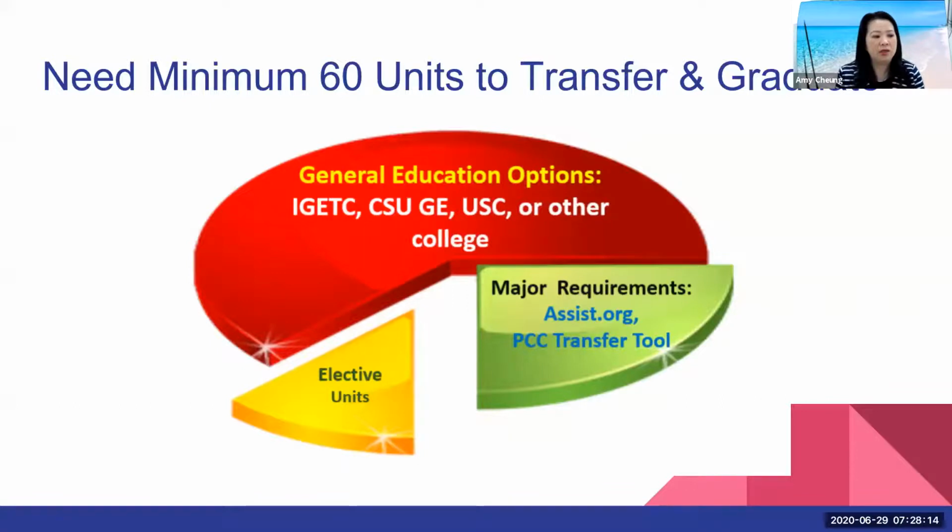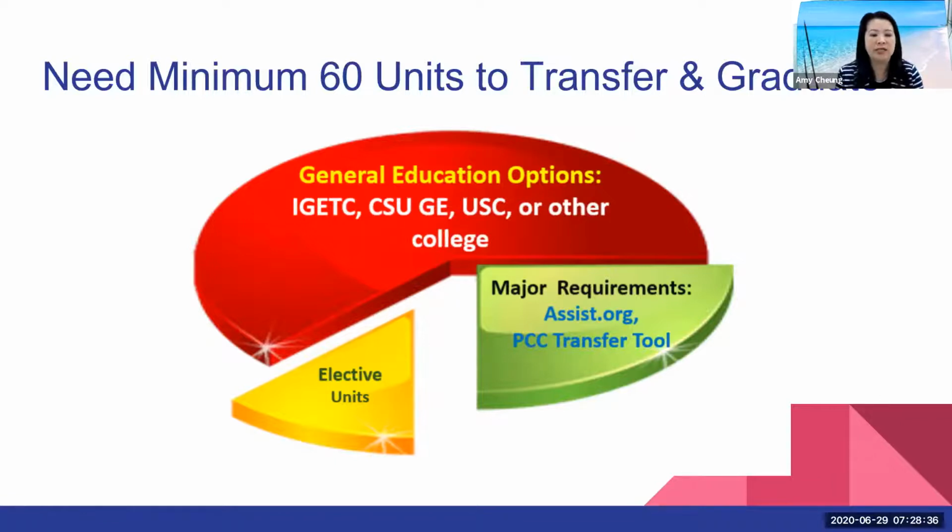The general education can be what we call the IGETC. IGETC is basically a general education sheet that you're going to follow to transfer to UC or Cal State University. CSUGE is for those of you who are very sure that you want to transfer to a Cal State University.